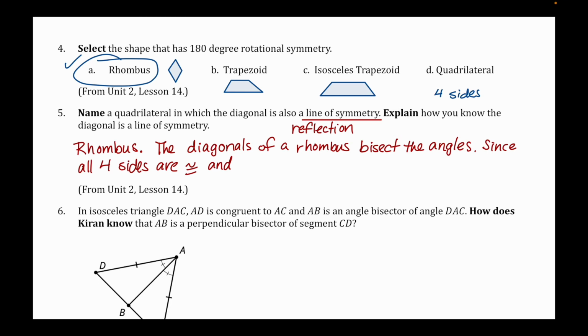So we're going to have an opposite angle that would reflect over and onto the other angle of the rhombus, and then the bisected angles ensure that those ones specifically fold onto each other as well. Since all four sides are congruent and opposite angles congruent.